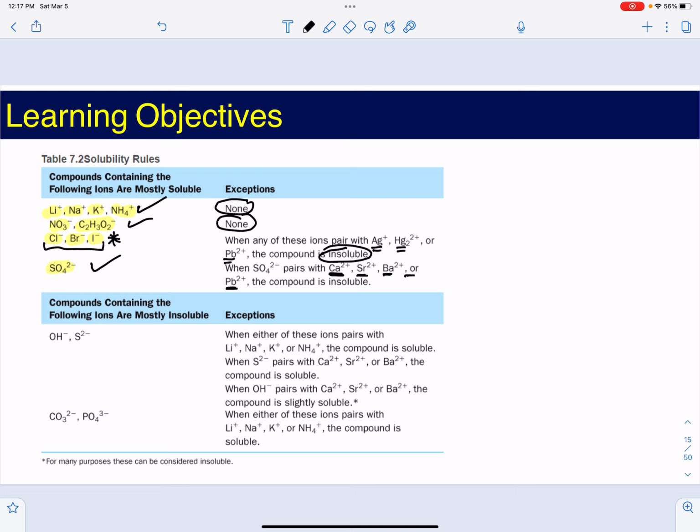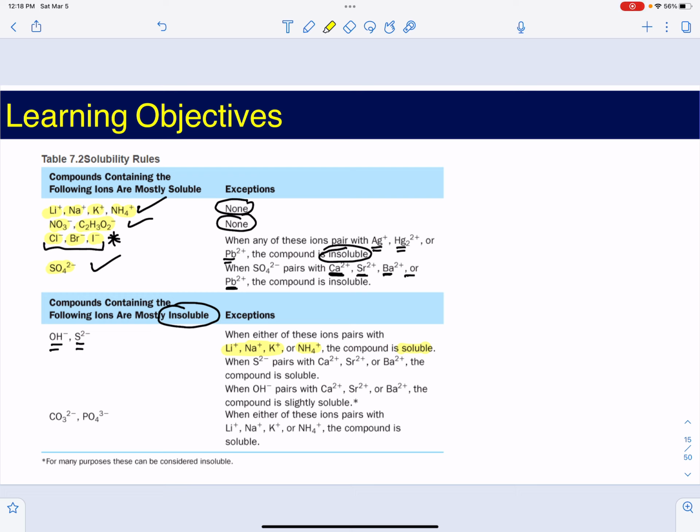What about the insoluble ones? Every time you see a compound that contains hydroxide or sulfide, it's going to be insoluble unless it's accompanied by the alkali metals or ammonium. Then they will be soluble in that case.